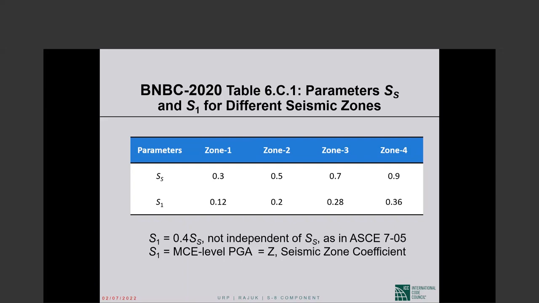So when you see the Z factor, as you saw on the maps, 0.36, 0.28, 0.2, 0.12, those Z values are essentially S sub 1 values. You multiply those by 2.5, you get your S sub S values.